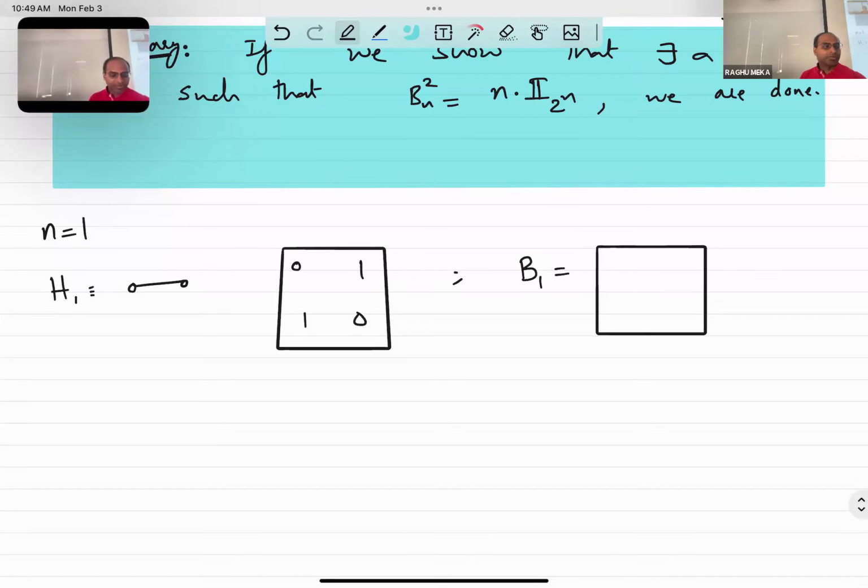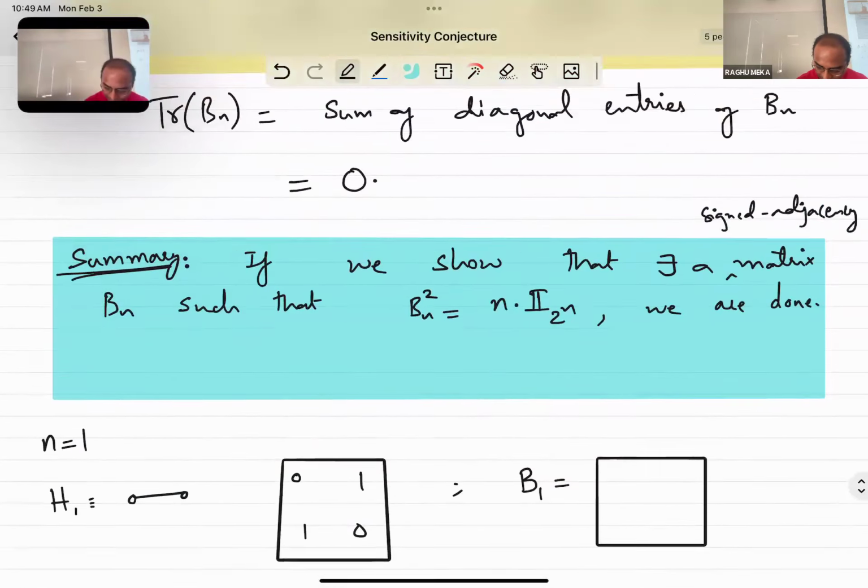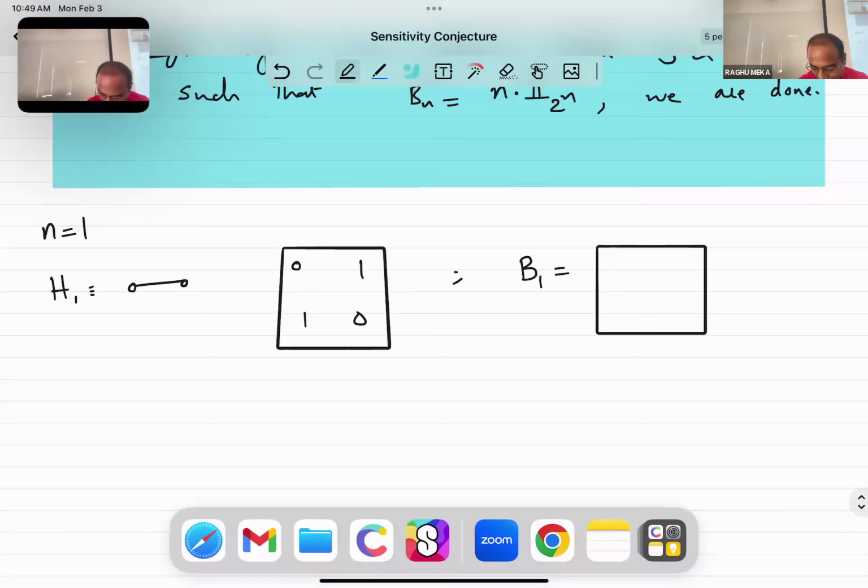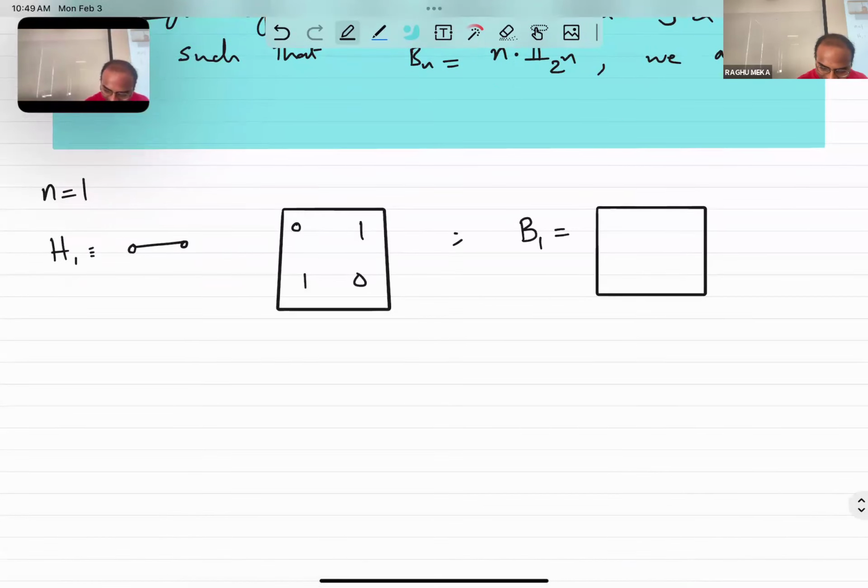What do we need? When we multiply it, we should get back the identity, or 2 times the identity. Any guesses? Even this matrix works, but let me just write one specific choice, which is better. I'm going to put minus ones here.